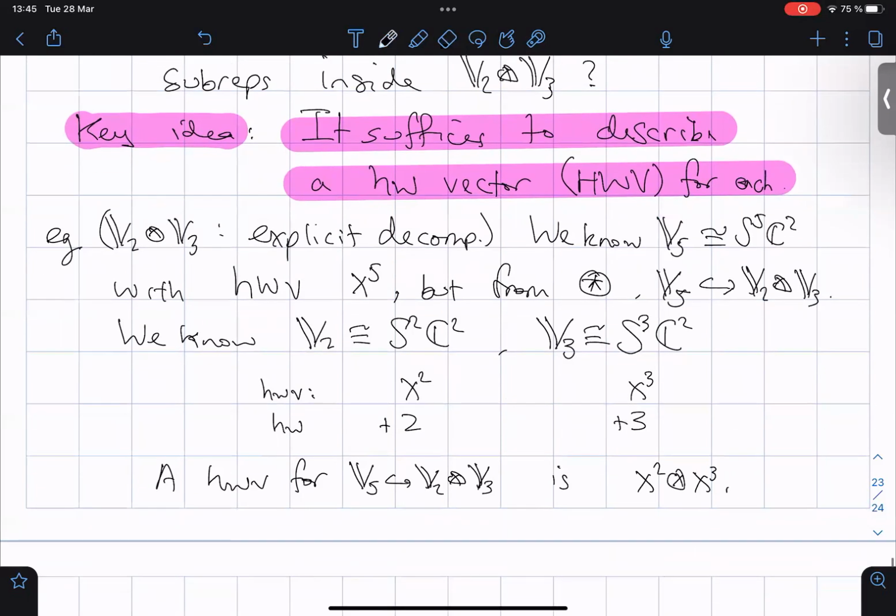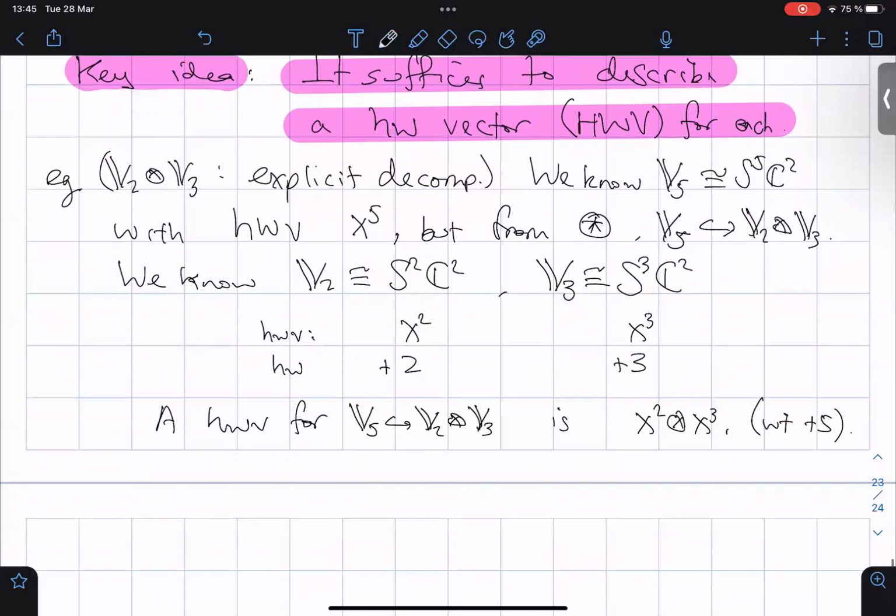Just to illustrate, first of all, it's simple. We said above that when you take weights associated with tensor products, the weights add. So we know that this has weight plus 5.